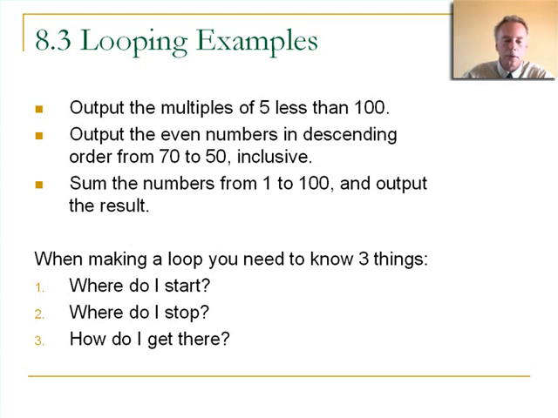And here's a more interesting one. Sum the numbers from 1 to 100 and output the result. What is the sum of all the numbers between 1 and 100? 1 plus 2 plus 3? I'm sure I don't know. But it will only be a few lines of code, one loop to implement that, and we'll look at that in the development environment.